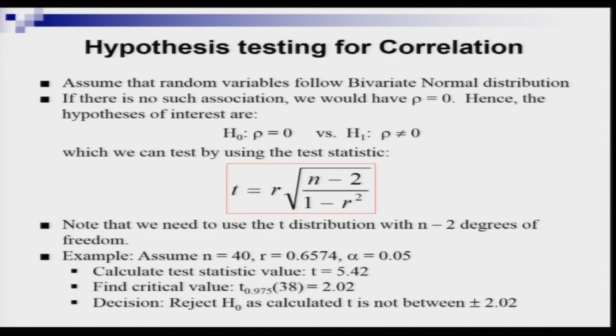Okay. So now the next step should be to define your test statistic. Here the test statistic formula is shown in this red box, and note that this particular test statistic T follows a T distribution with n minus 2 degrees of freedom. Now why do you have to deduct 2 from n, the sample size?